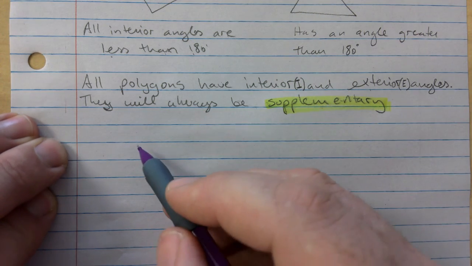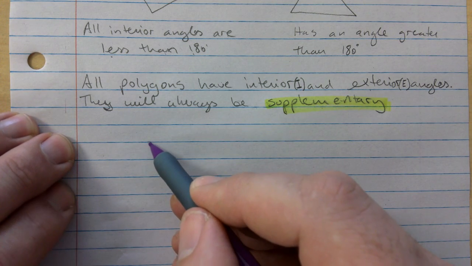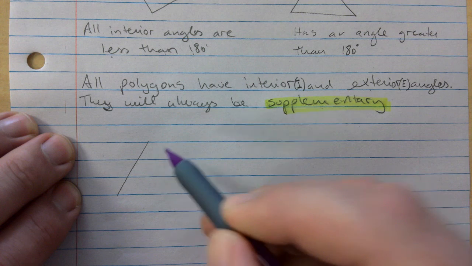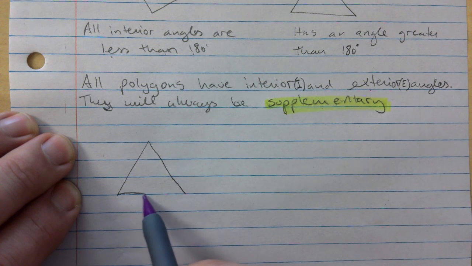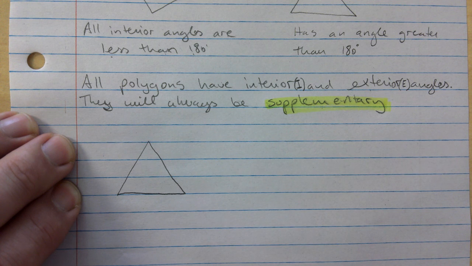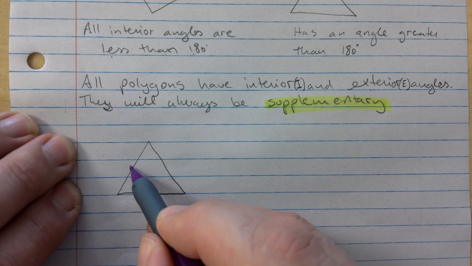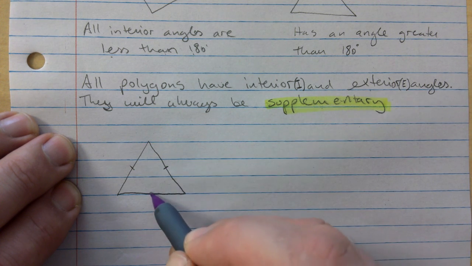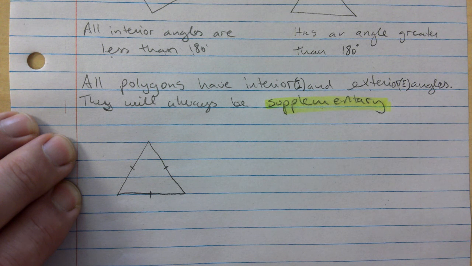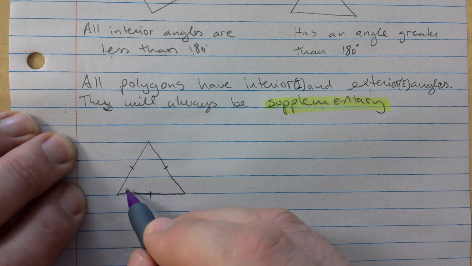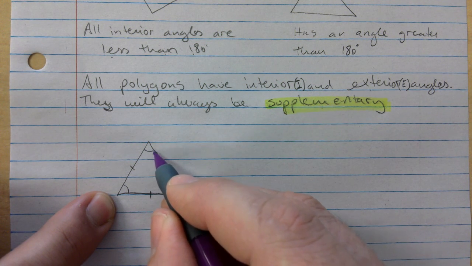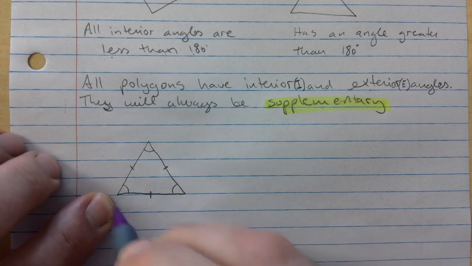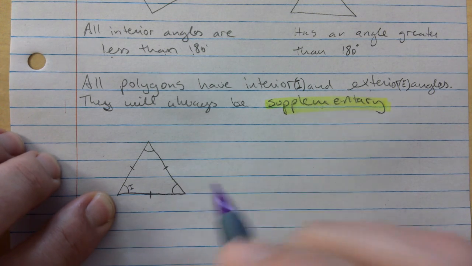Okay, so I'm gonna demonstrate this with an equilateral triangle. So try to make it look like all three sides are equal in length. Each on the inside, this is a triangle that has three interior angles.